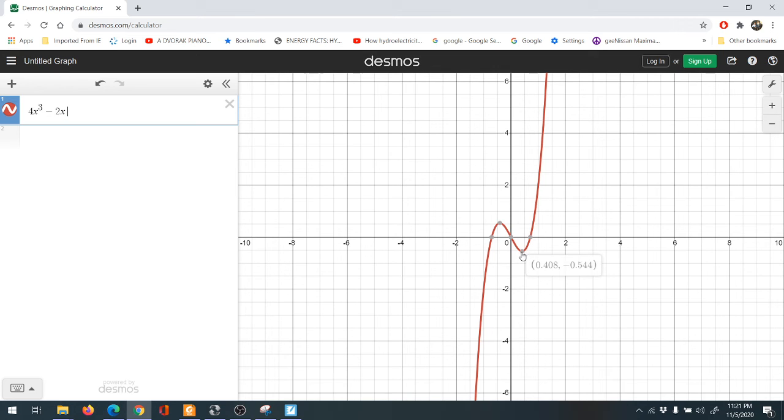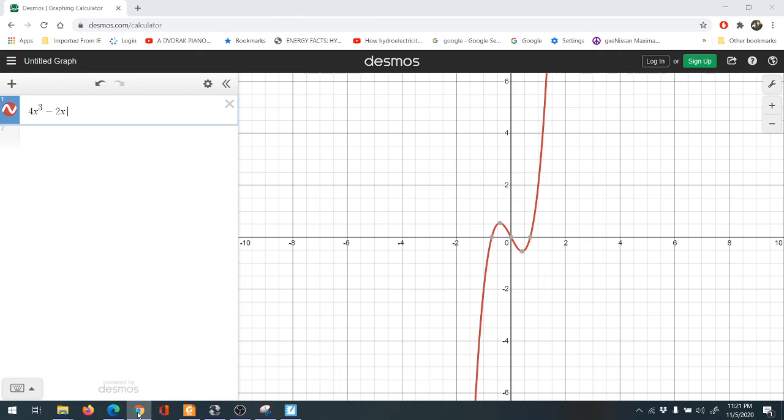And here is the local minimum, where the slope changes from negative to positive. And between the two critical points is the inflection point, at 0 and 0.